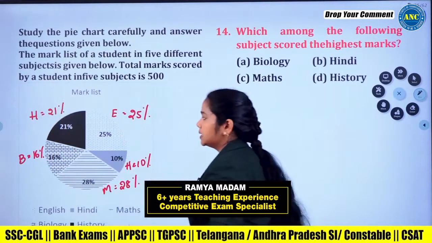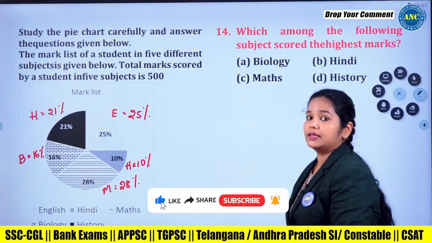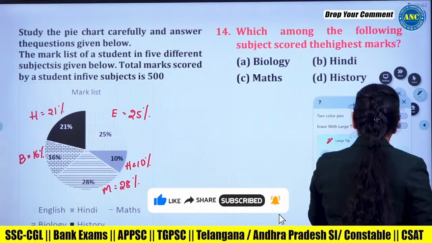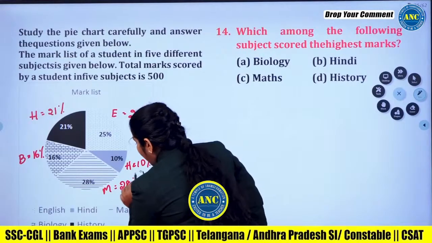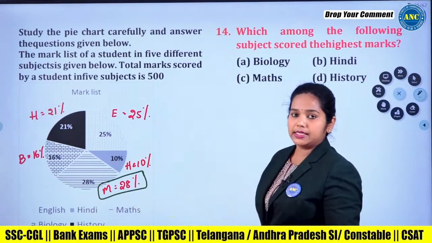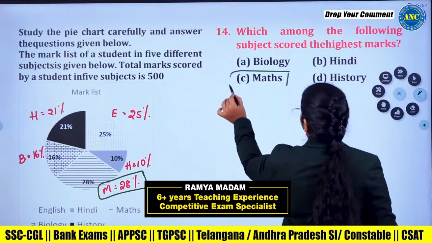Now tell me, in which subject did the student get the highest marks? We can see Maths, he has the highest percentage. That means he got the highest score in Maths.